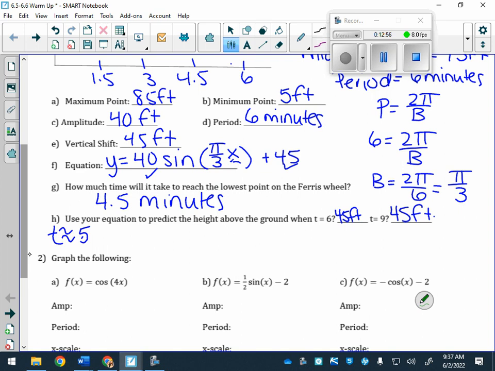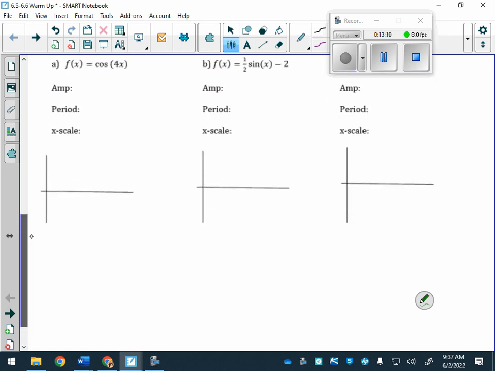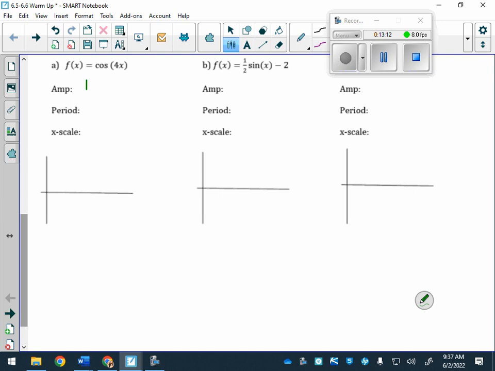Okay. All right. So when we get to graphing for 2a, what is the amplitude? 1. Okay. The amplitude is 1. What is the period? Pi over 2. So we have 2 pi over 4, which is pi over 2.